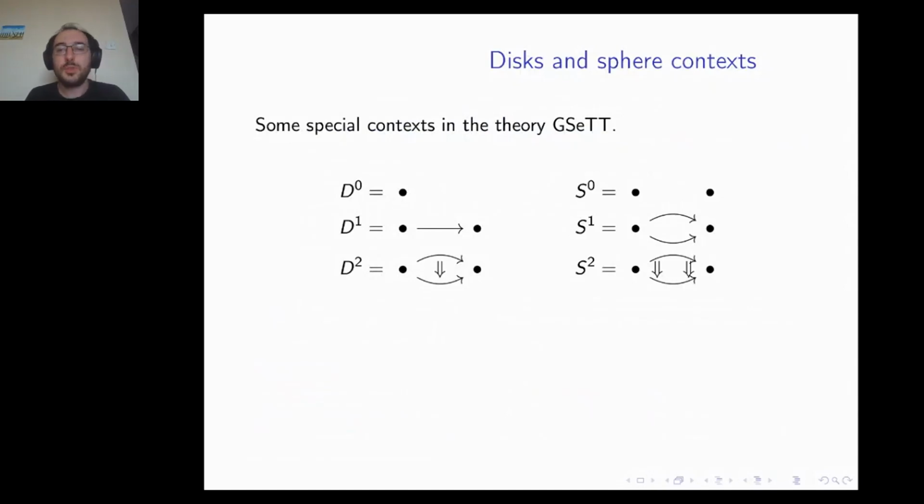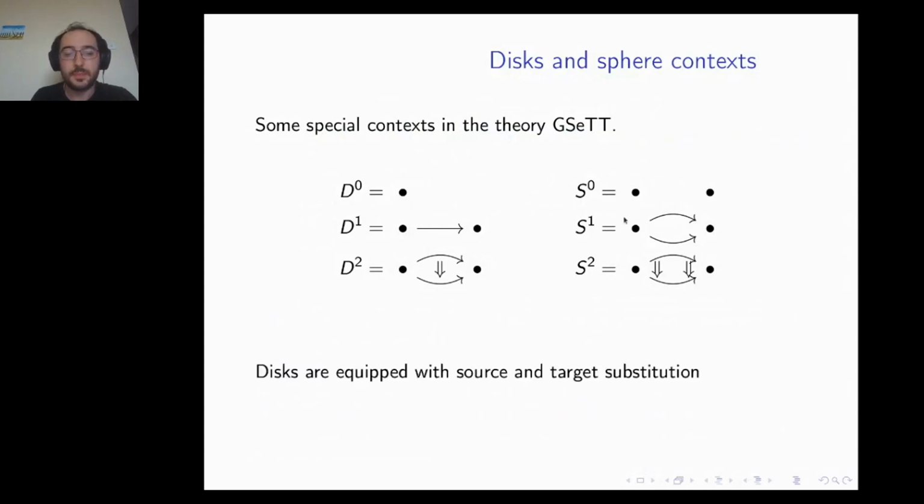So I want to introduce you to some special contexts in this theory that are called the disk and sphere contexts. And you can see that they really are analogous to the topological thing. I won't go into the details of how you introduce them formally as a list of variables and types, but they are really the same as the topological objects that you call the disks and spheres, in the globular sets.